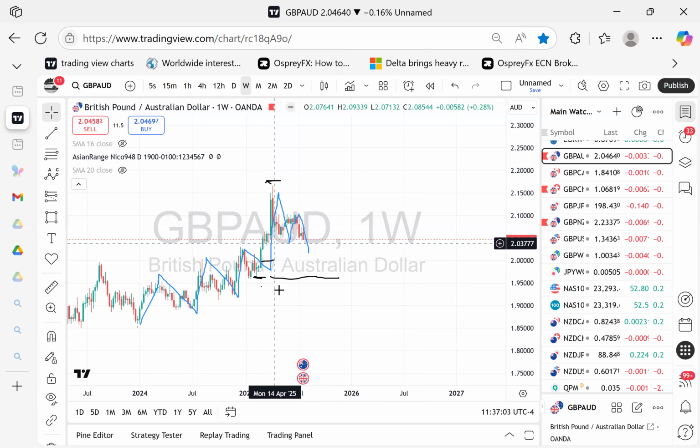If it doesn't change character, you should be looking to buy from this demand zone or this imbalance if you're trading like me. You're expecting price to come to this imbalance and get bullish. Does that make sense? Yay, nay? That makes sense.